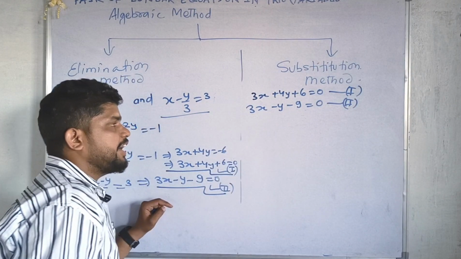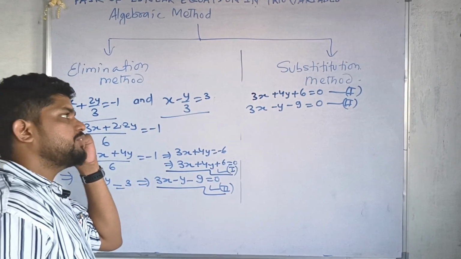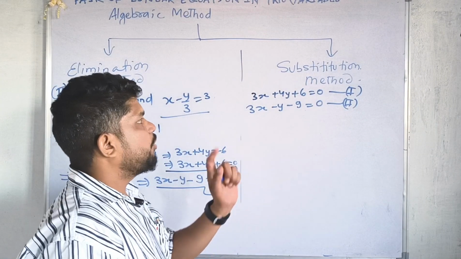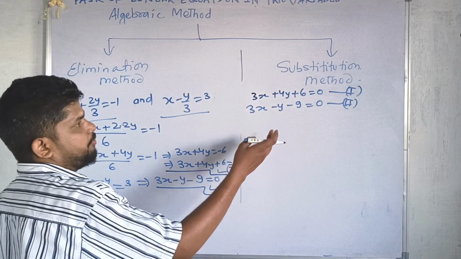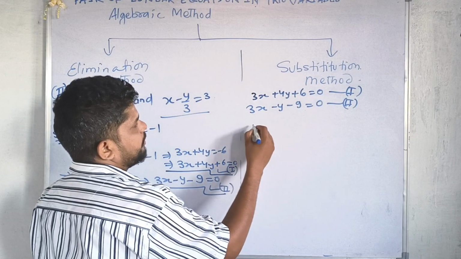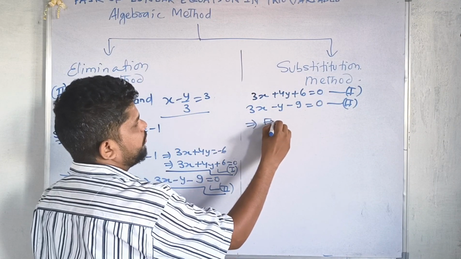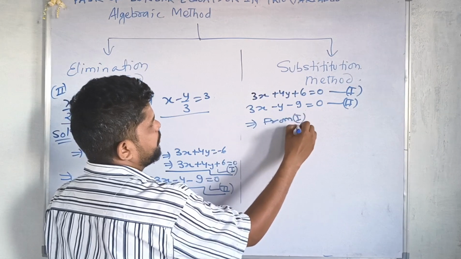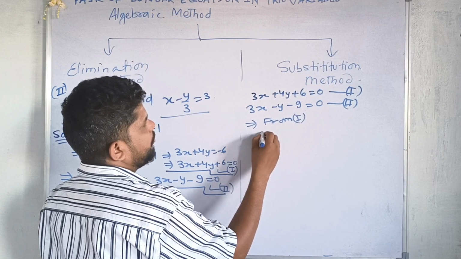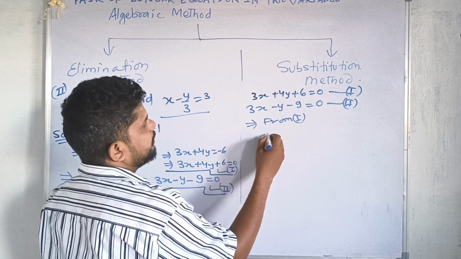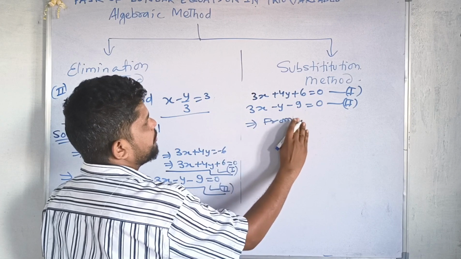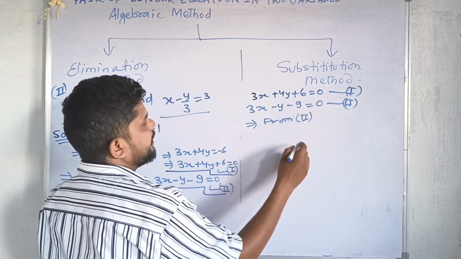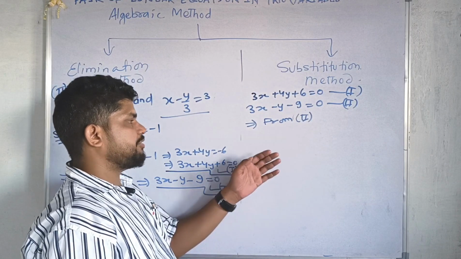So by using substitution method, what we do is we take one variable from any one equation. Let me take the value from equation number 2, because it is more convenient for me.